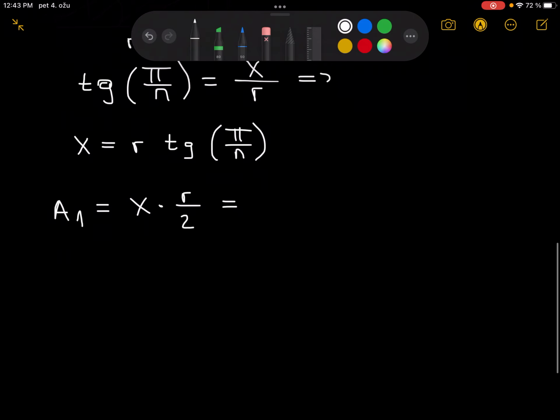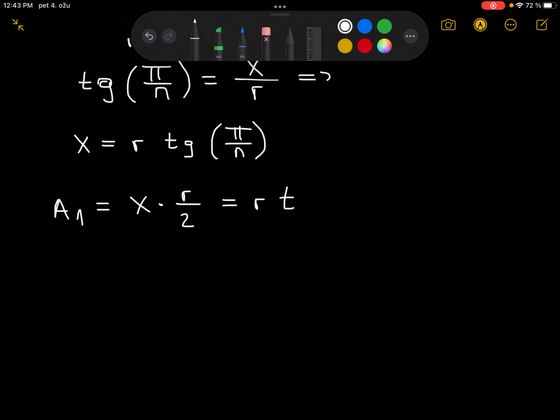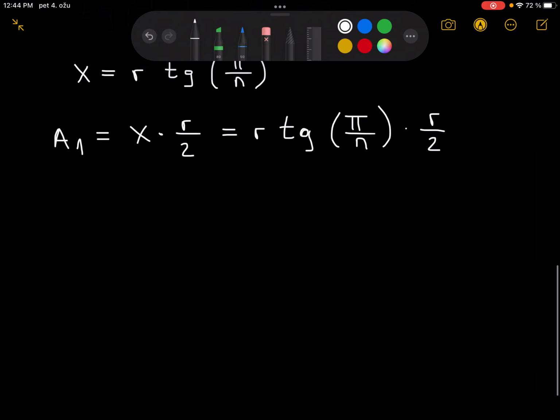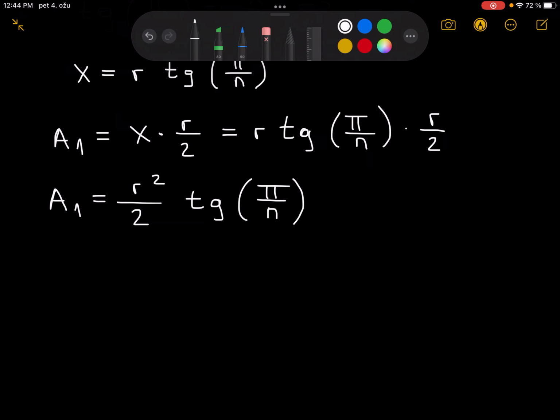And since we know what x is, we'll get that r times the tangent of pi over n, times r over 2, is equal to the area of one of these triangles. So, in other words, the area of one of these triangles is equal to r squared over 2 times the tangent of pi over n.